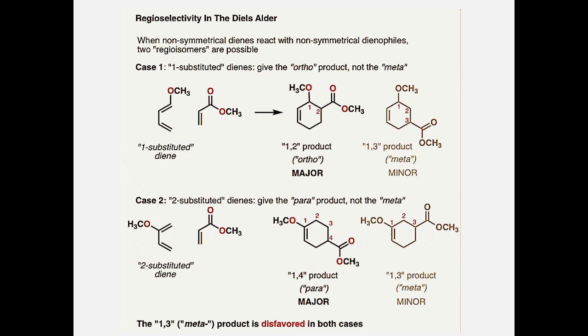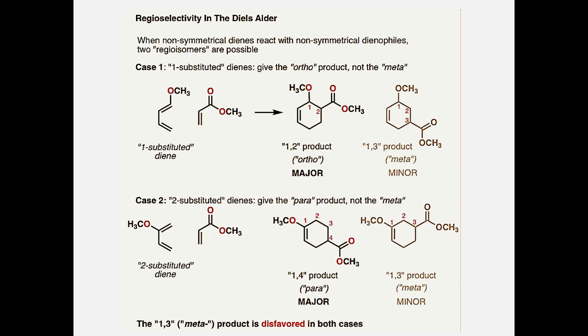As I said before, regarding regioselectivity in the Diels-Alder reaction, two cases can arise. I shared this in the previous lecture as well, but here I have picked another example, just to say that when non-symmetrical dienes react with non-symmetrical dienophiles, two situations can arise and two regioisomers are in fact possible, as you can see here in case 1 and case 2.